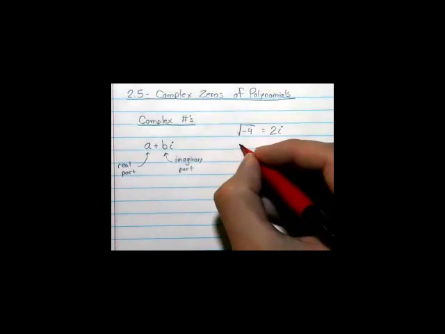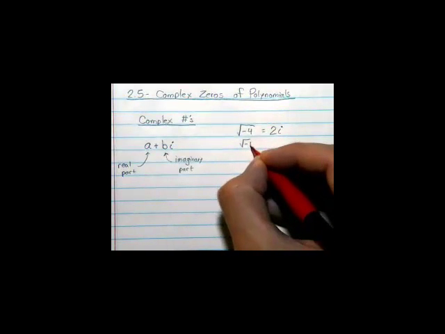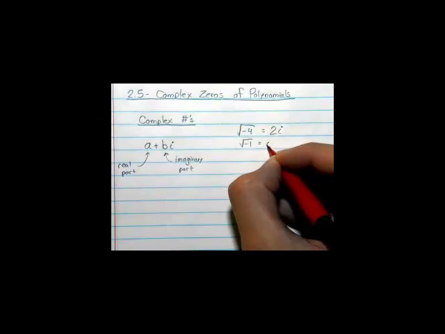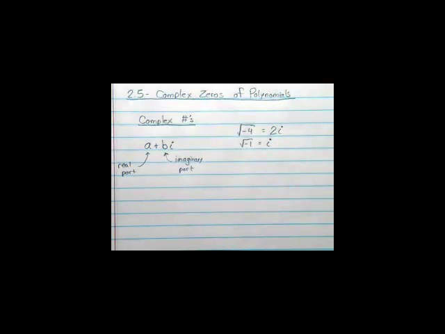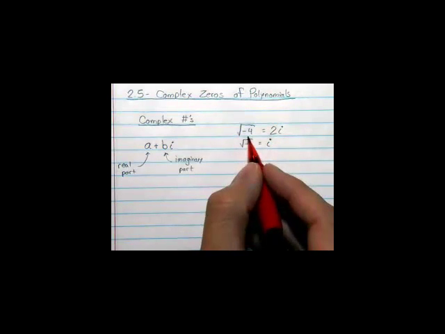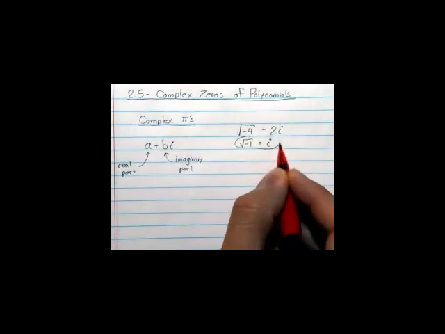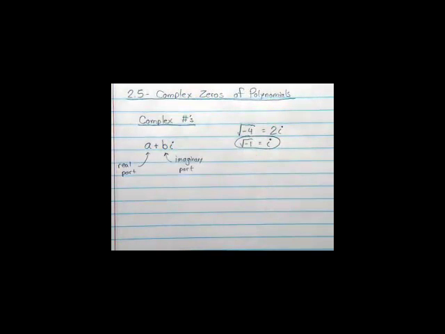And really it all stems from the square root of -1, which is just i. That's the definition of i. When we come up with some of these complex roots, we're going to be dealing with square roots of negative numbers and pulling them out that way.